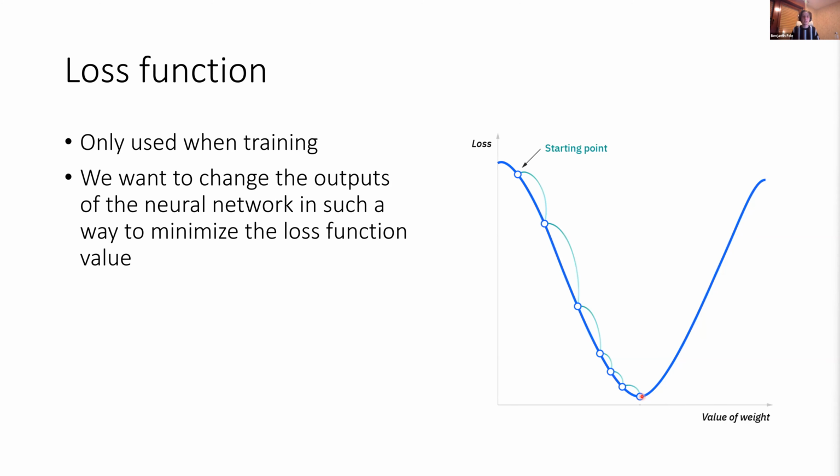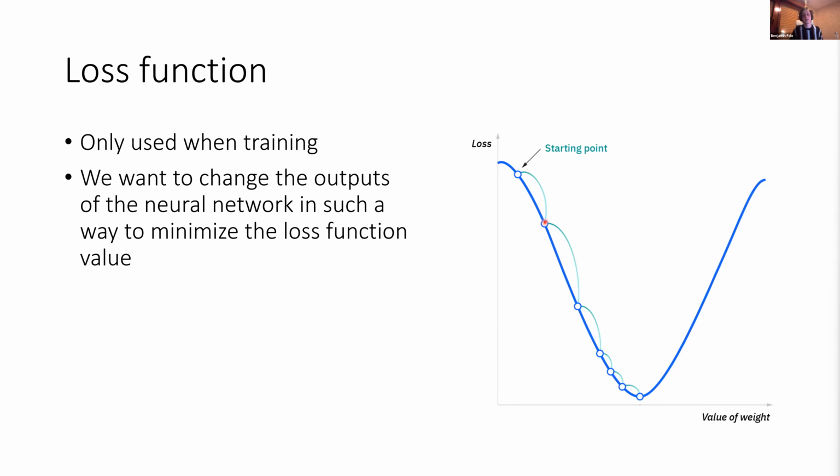And if we are at some point on this curve, we simply want to find the derivative to move in the direction that minimizes the loss. So, yeah, that's the core idea of how neural networks get trained.